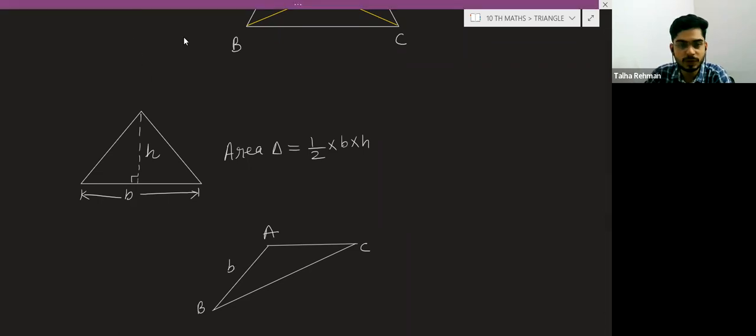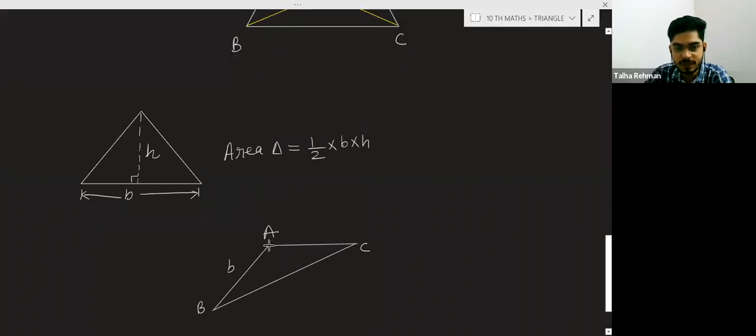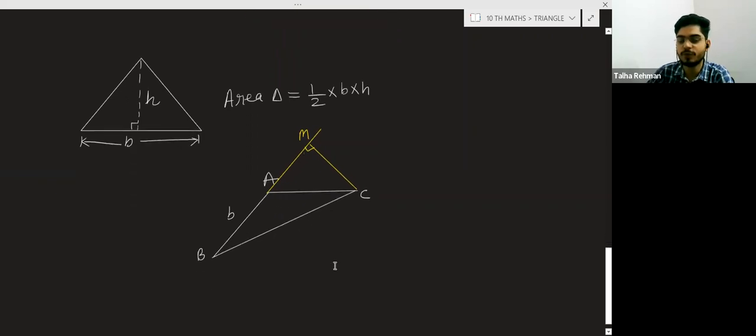So what we will do, we will just extend the base. This is the base AB, so I will extend this, and now accordingly I will draw the perpendicular. Suppose this is perpendicular here, this point M. So you can say now this CM is perpendicular to AB. So what will be the formula of area of triangle?